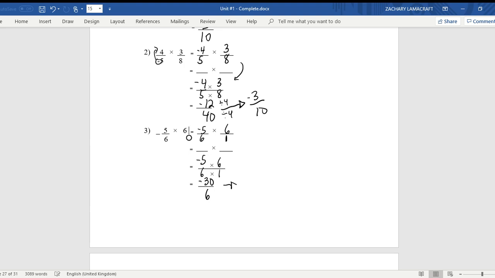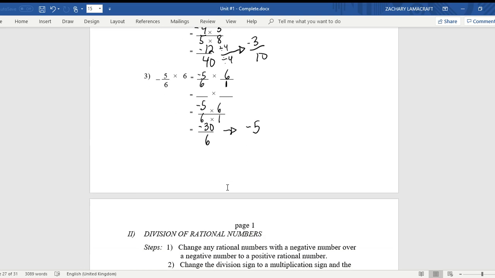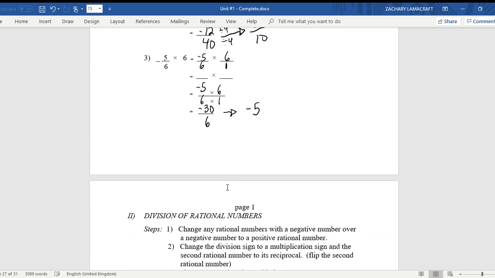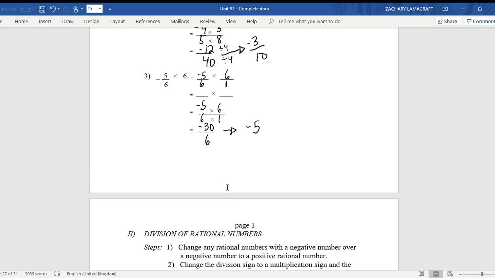And if we just divided -30 by 6 on our calculator, we would get the answer of -5. All right. Let's just give you a second to write that down. And then we're going to get into division. Let's give you another 20 seconds.